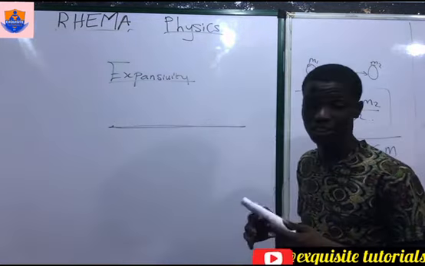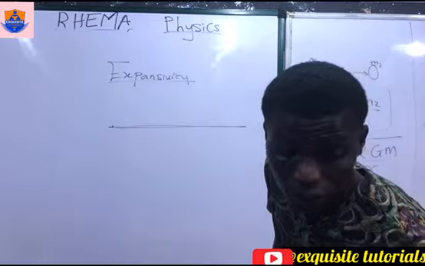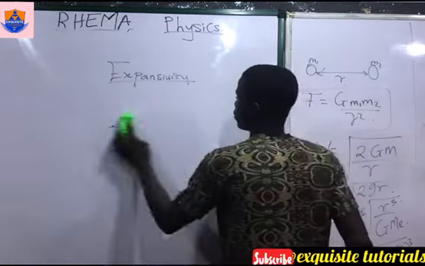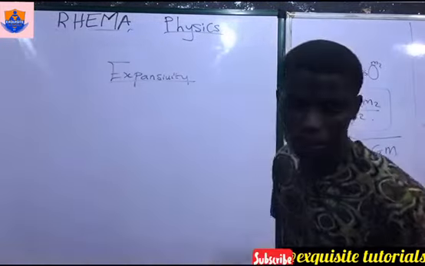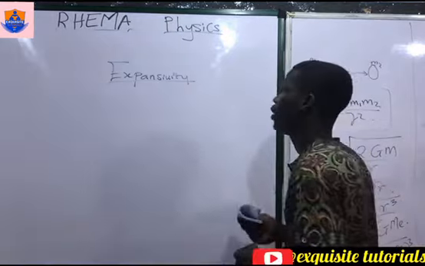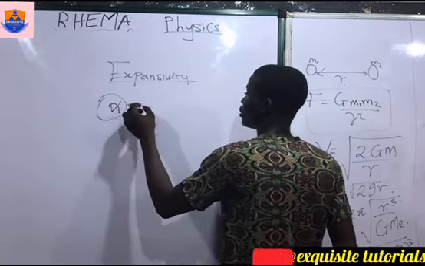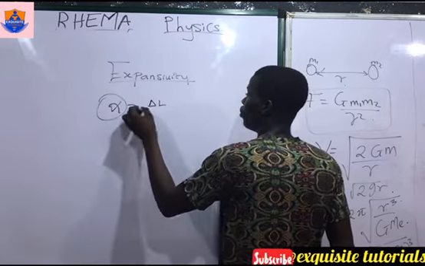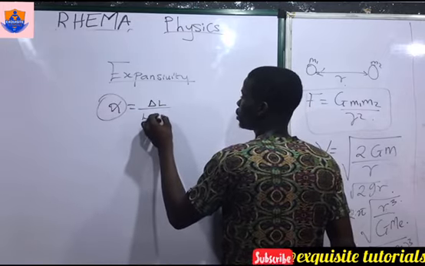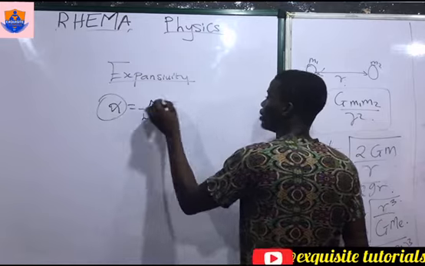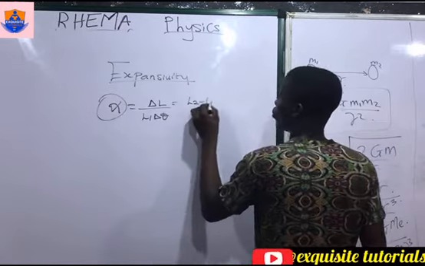That is called linear expansivity. The formula is alpha equals delta L all over L1 delta theta, where delta L is L2 minus L1.